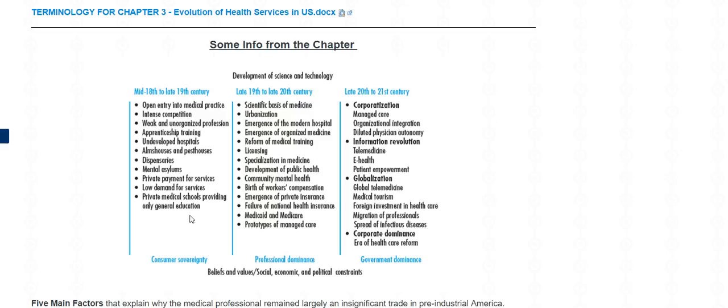People weren't necessarily seeking out physician services. And of course, the training to become a physician was very unorganized. It was an apprenticeship. So there were a lot of factors going on there.